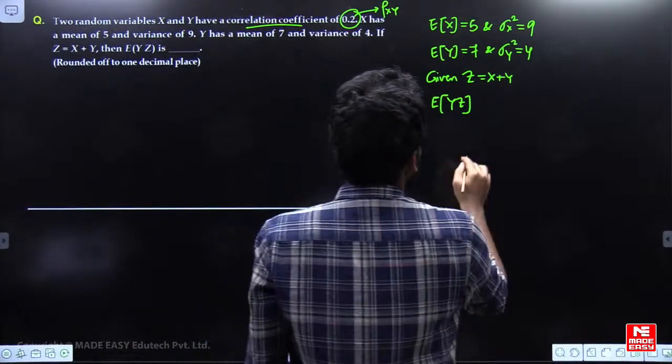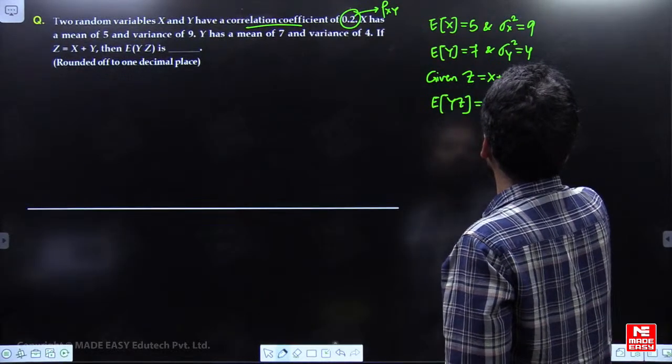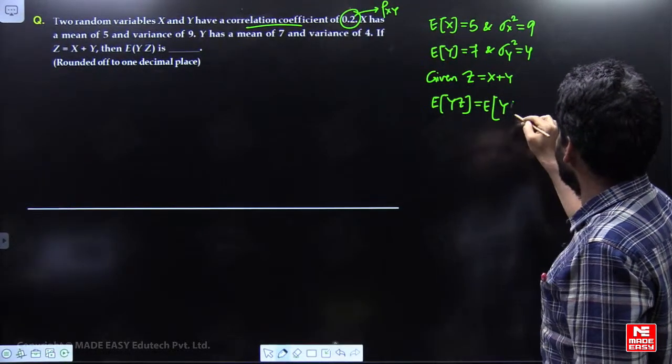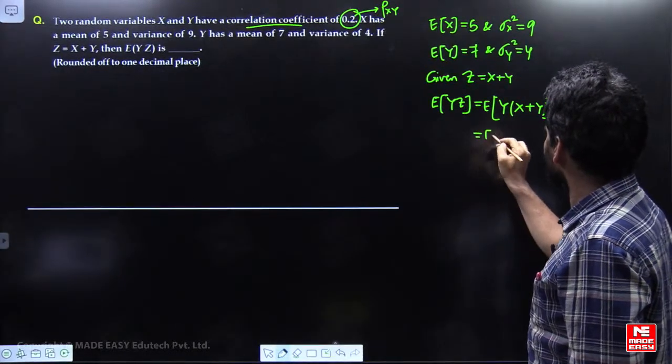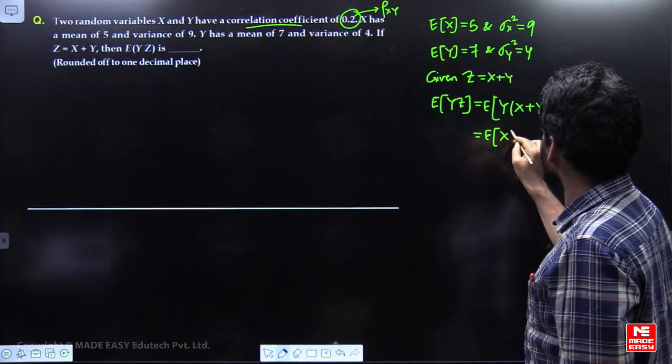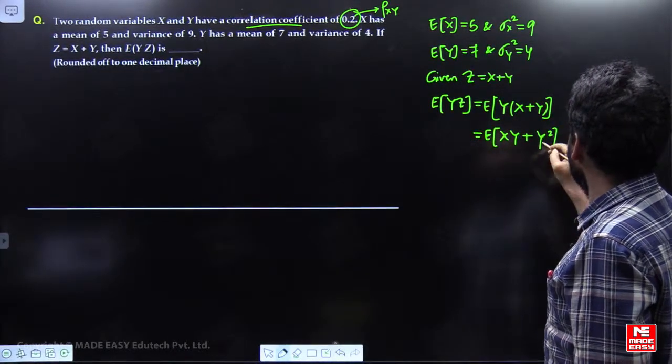Yes, it will be equal to the expectation of y into z, and z is x plus y now. So this is the expectation of xy plus y square.